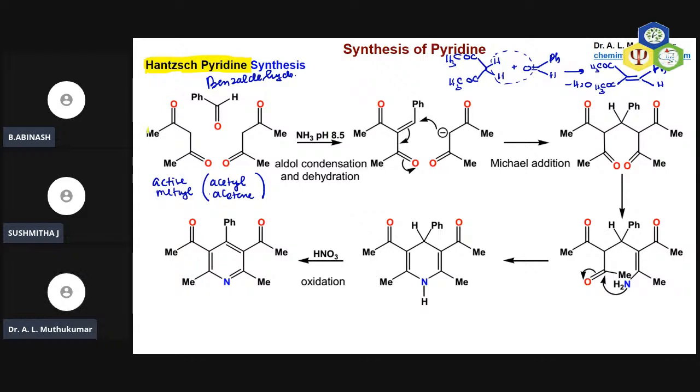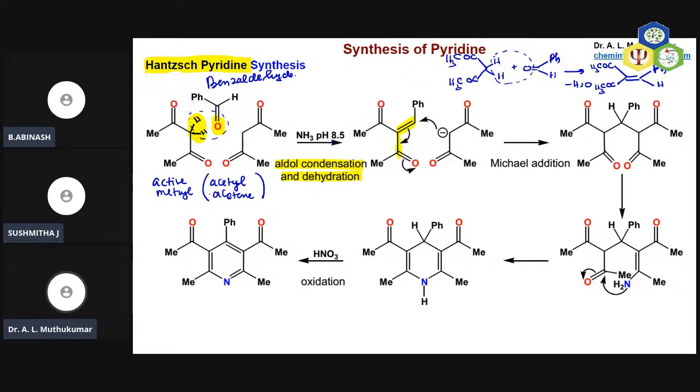You can check here, you have this hydrogen atom, you have an oxygen atom. Initially, a simple aldol condensation takes place by the removal of water. You can check the pH, that is pH 8.5, that is basic condition. At basic condition, the aldol type of condensation followed by dehydration takes place, leading to the formation of a double bond system.